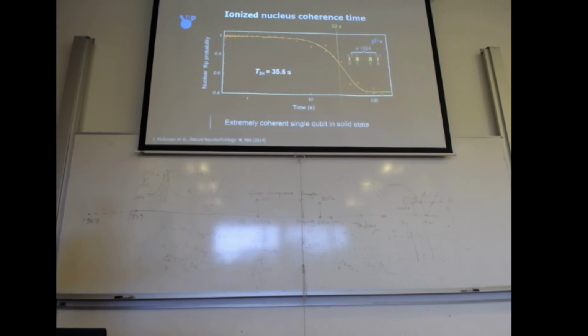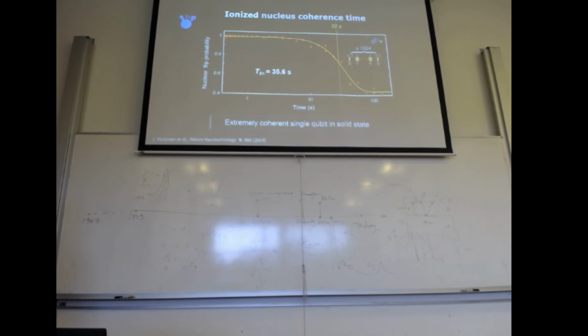It is basically an event to be discussed over a coffee break when the nucleus flips because of a real decay. It happens very rarely. And this is the T2. This is done using dynamical decoupling, so using all these pi pulses, and then you get a really long T2, in that case of order 1 minute.